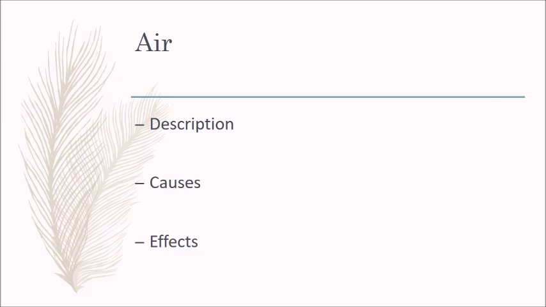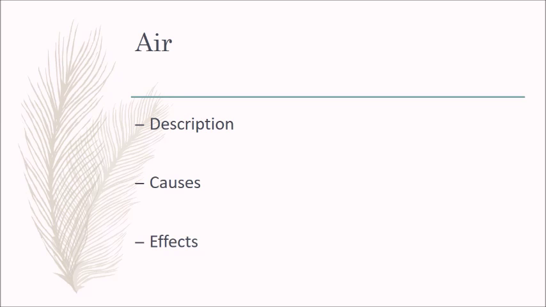An air pollutant is a substance in the air that can have adverse effects on humans and the ecosystem. The substance can be solid particles, liquid droplets, or gases. A pollutant can be of natural origin or man-made.